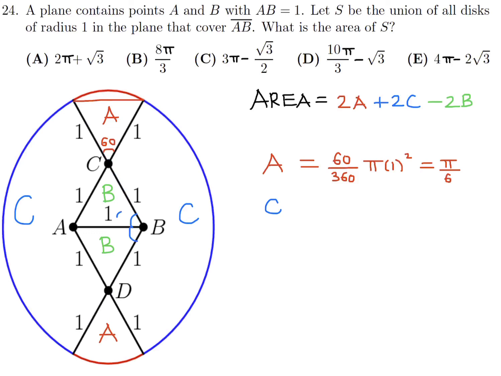Because this is an equilateral triangle, so that's 60 and that's 60. So therefore that total angle is 120. So in a very similar way, you're going to have 120 over 360 pi, and the radius this time is from here to here, which is 2. So pi 2 squared. So this looks like 1 over 3 times pi times 4. So we have 4 over 3 pi. All right, so that is your C.